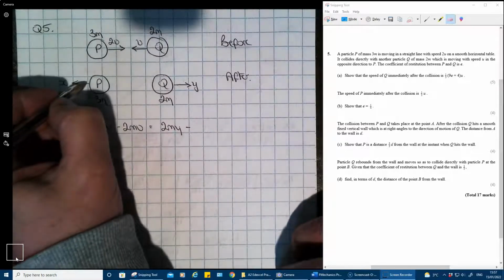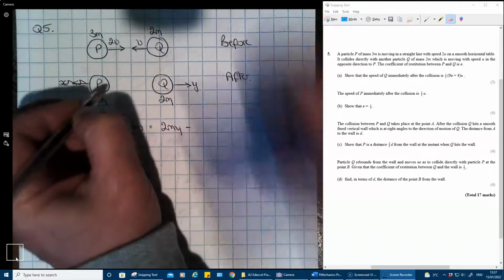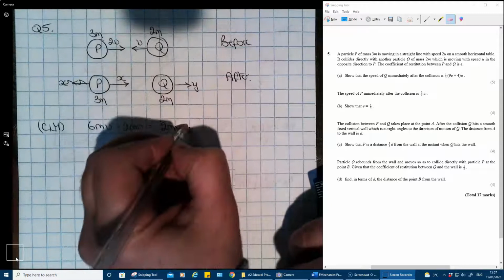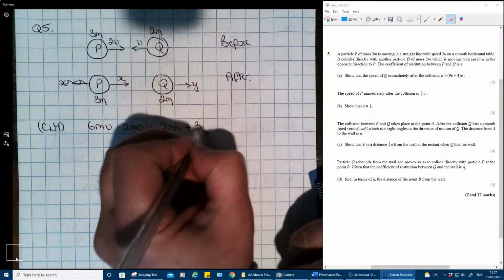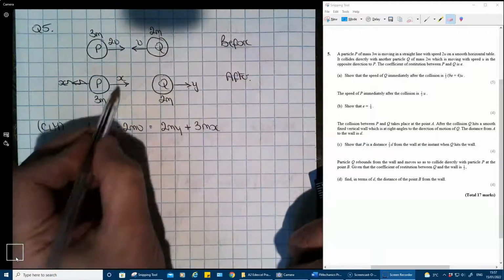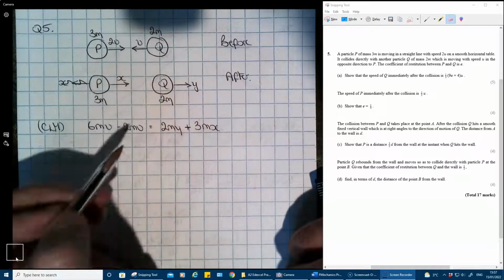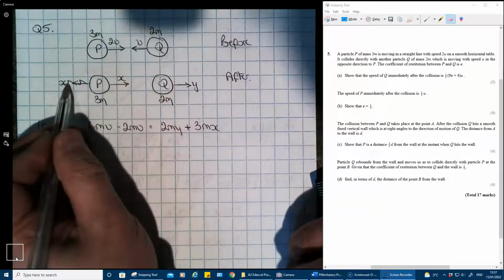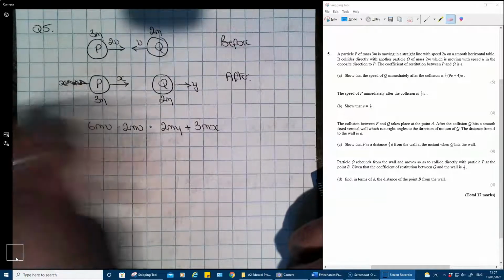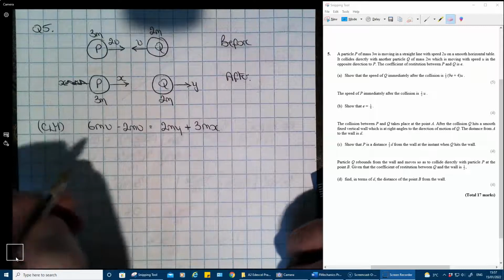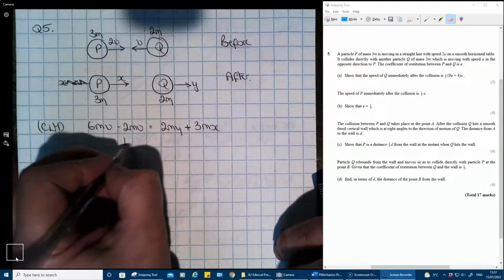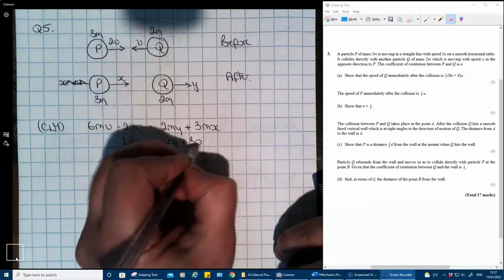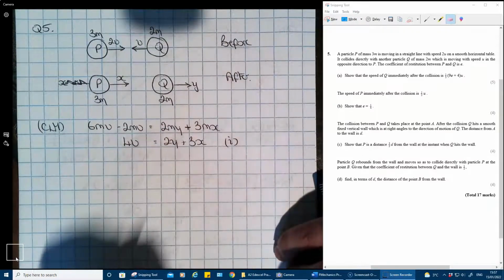Let's take x this way, so I'll keep this as a plus 3mx. Okay, so I'm taking x to the right, y to the right, which means I can make this a plus. If x is in the wrong direction, it will come out to be negative. So I'll keep them both going the same way, unless I'm told otherwise. The m's will cancel, so I'll get 4u is 2y plus 3x. Okay, that's one equation. I'll keep hold of that.